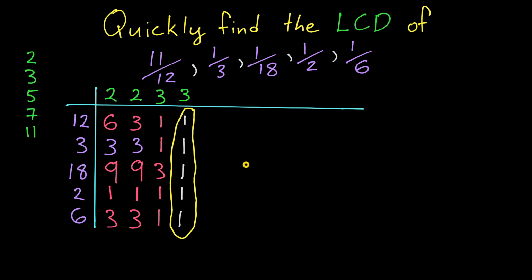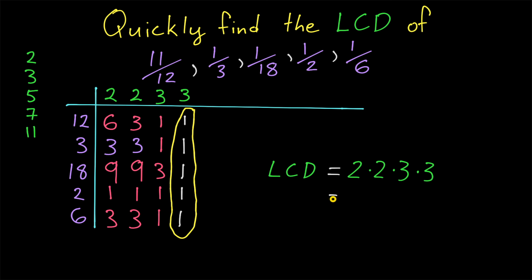And your lowest common denominator is just going to be the multiplication of all of the numbers up here in the top margin. So your lowest common denominator, your LCD, is just going to be equal to 2 times 2 times 3 times 3.